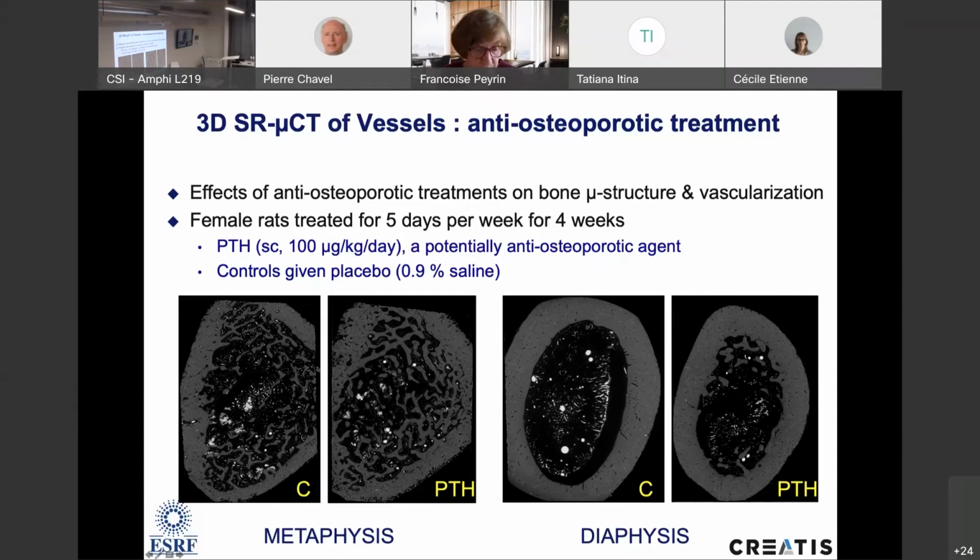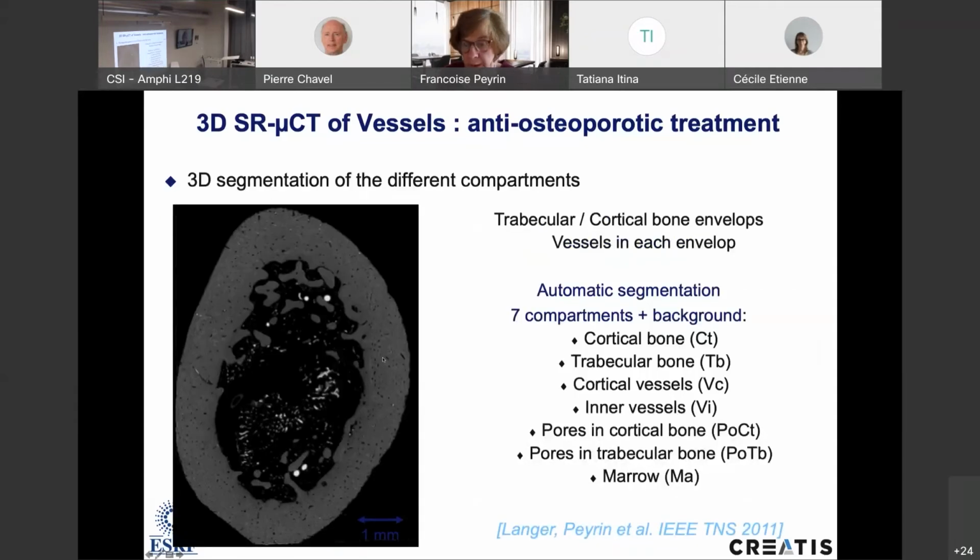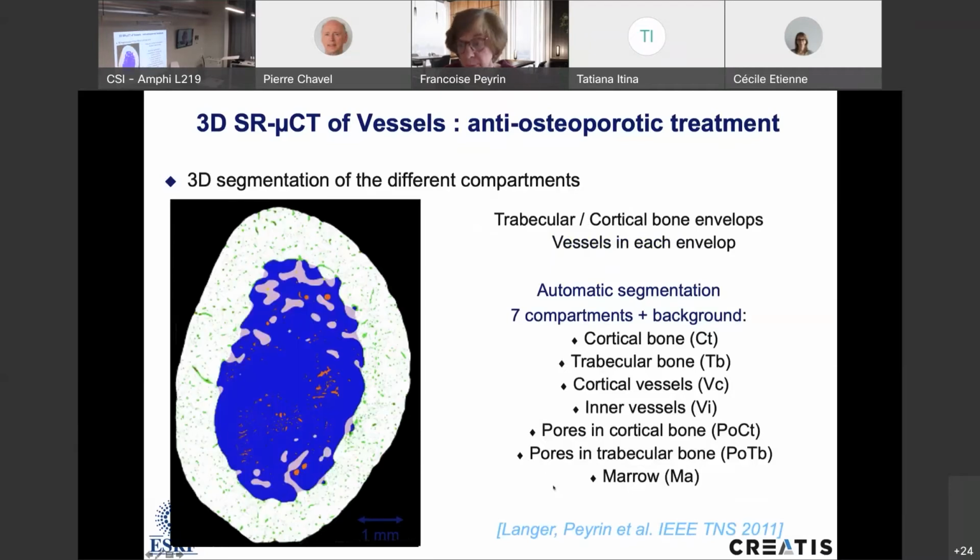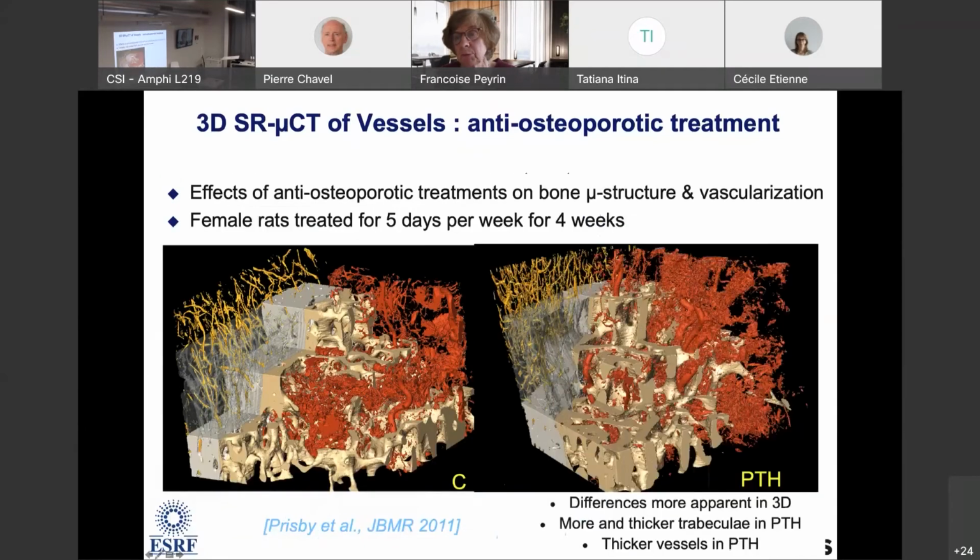For this purpose, we had to develop a segmentation method to segment the different compartments of bone: cortical bone, the pores in the cortical bone, trabecular bone, the pores in trabecular bone, and the vessels. And finally, we could extract different parameters and have a real quantification of the vessels in cortical bone and in trabecular bone.